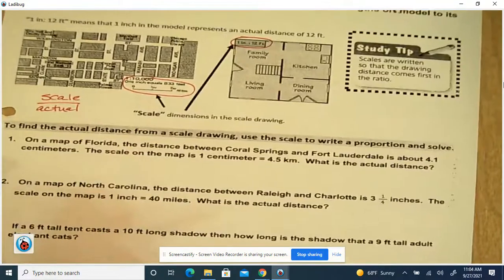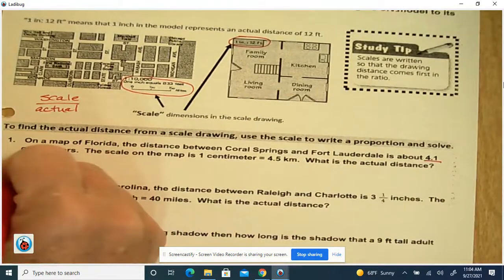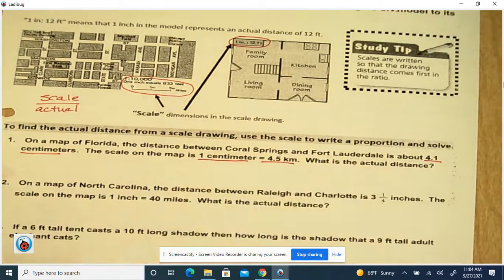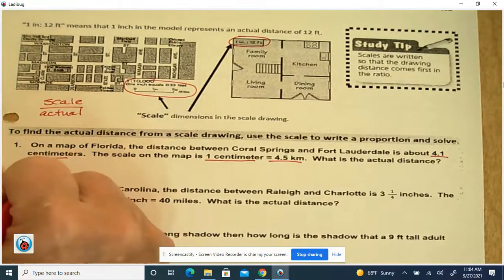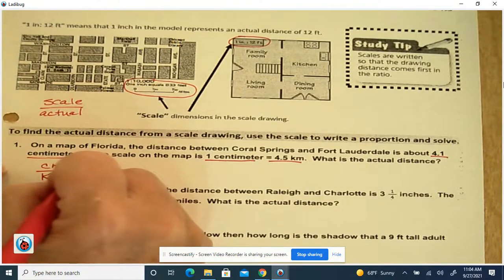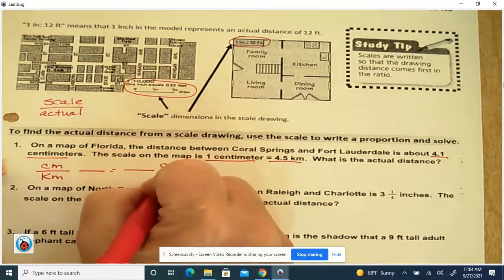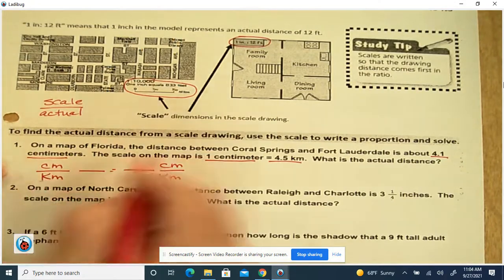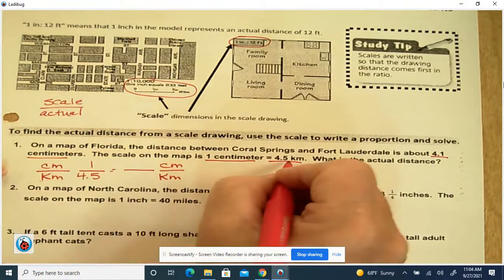On a map of Florida, the distance between Coral Springs and Fort Lauderdale is about 4.1 centimeters. The scale on the map is 1 centimeter is equal to 4.5 kilometers. Here we can use our twins that we've been using already this year and set that up, centimeters over kilometers, because centimeters is the scale and kilometers is the actual. So that's 1 centimeter is 4.5 kilometers.